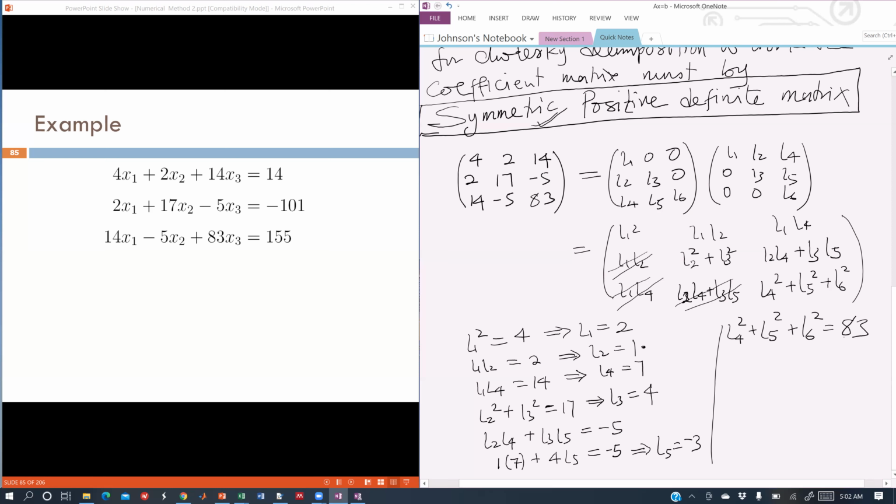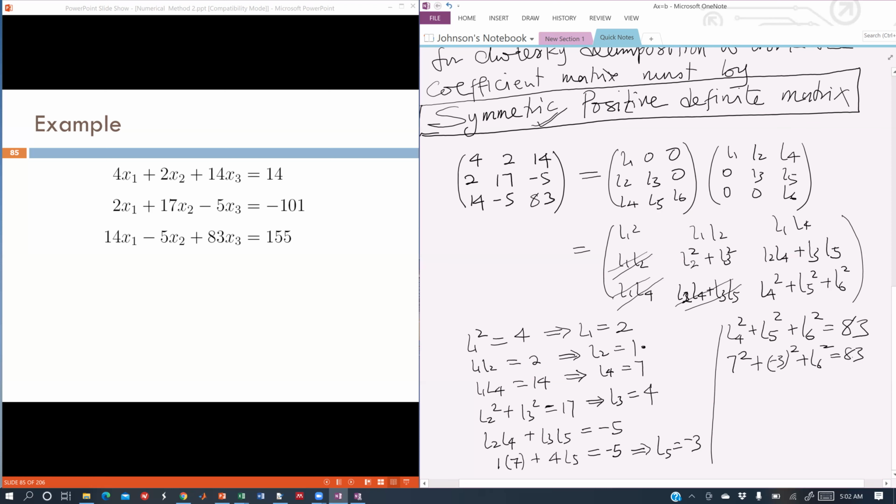L4 is 7, so 7 squared is 49, plus L5 is negative 3, so negative 3 squared is 9, plus L6 squared is 83. 49 plus 9 will give us 58.